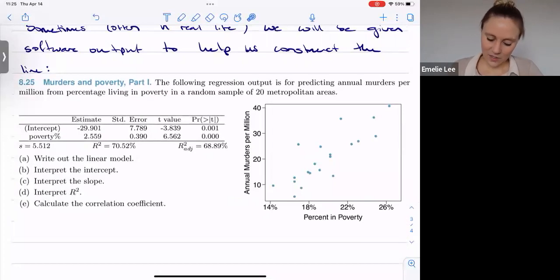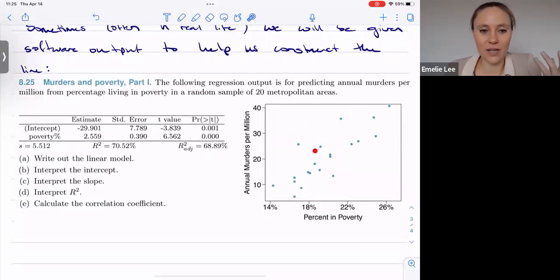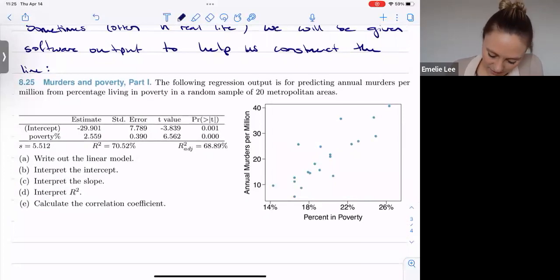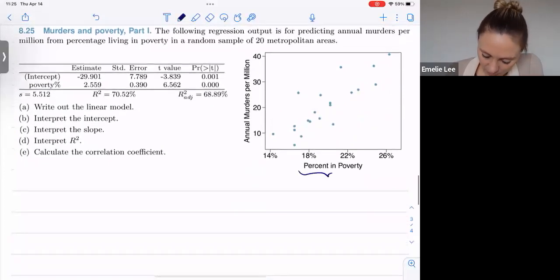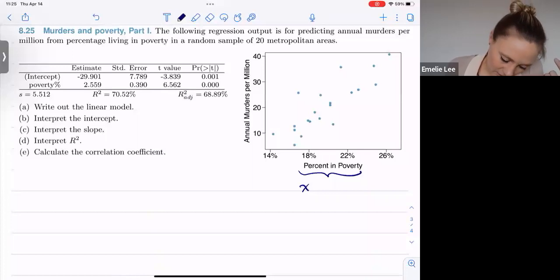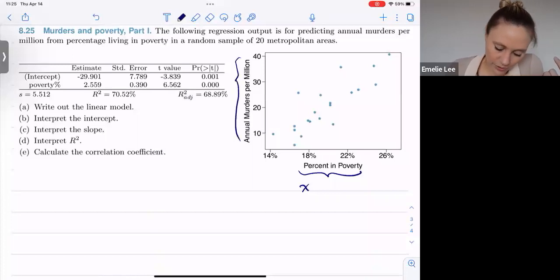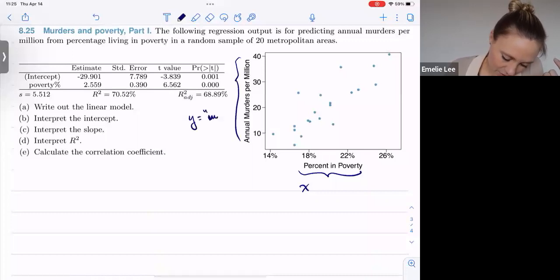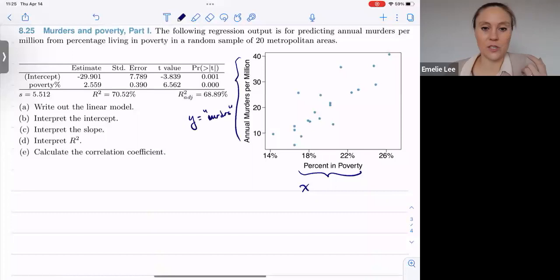All right. So we've got a regression question, I see, because I have a scatter plot, and right away I can tell you that because the percent in poverty is my X, instead of talking about percent in poverty and annual murders per million, I'm going to call it murders, just as shorthand.